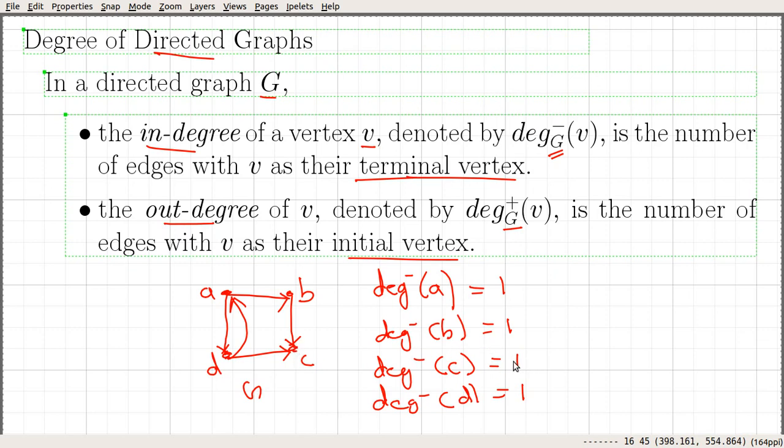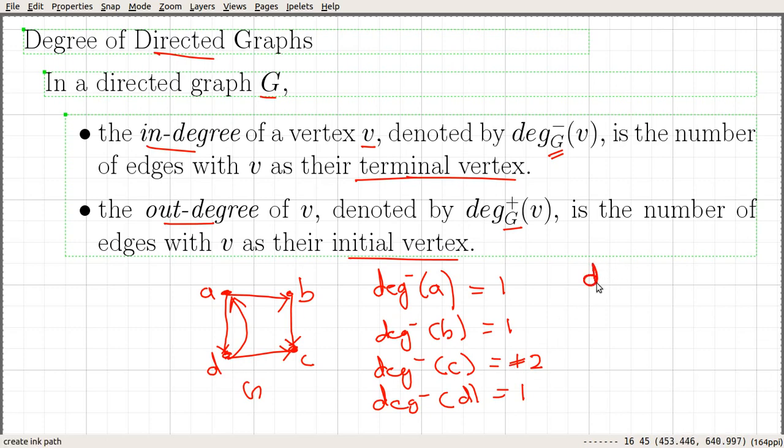Sorry, the in degree of C is not 1, the in degree of C is 2. If you consider vertex C, you can see that these two edges terminate at C. So the in degree of C is equal to 2, not 1.